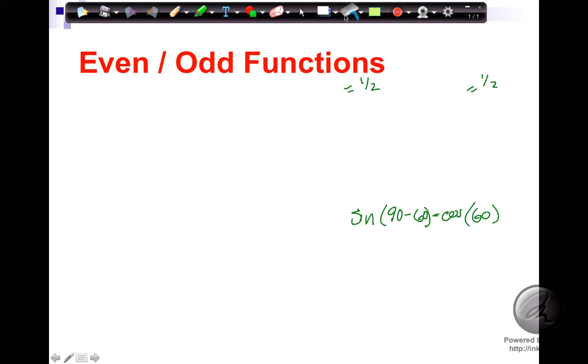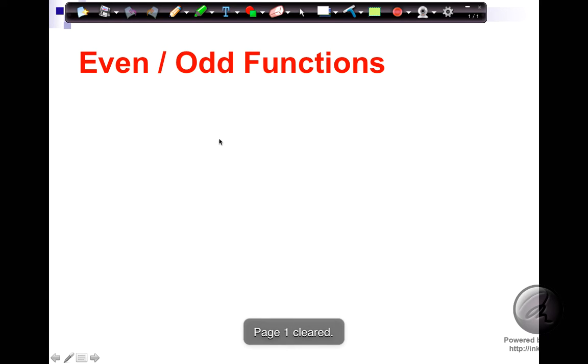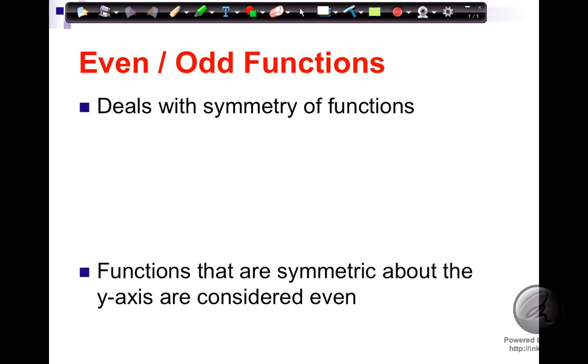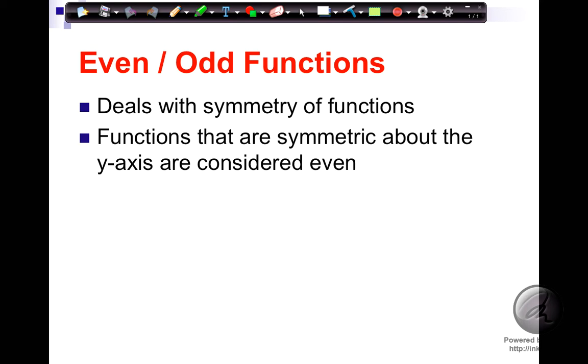All right, another identity here. We've dealt with even and odd functions before, so we have to remember that sine, cosine, and tangent and the other three can be even or odd, and they actually are. The only even functions that we have are cosine and secant, because they go together here. Cosine and secant are both even functions.